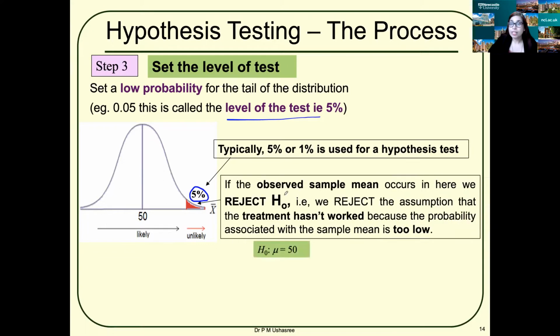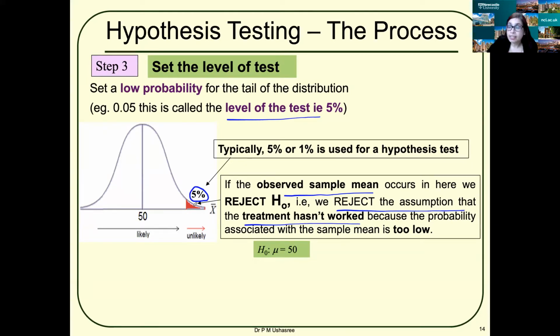If the observed sample mean occurs in this red region, in the rejection region, you reject the null hypothesis. That is, we reject the assumption that the treatment hasn't worked, because the probability associated with the sample mean is too low.